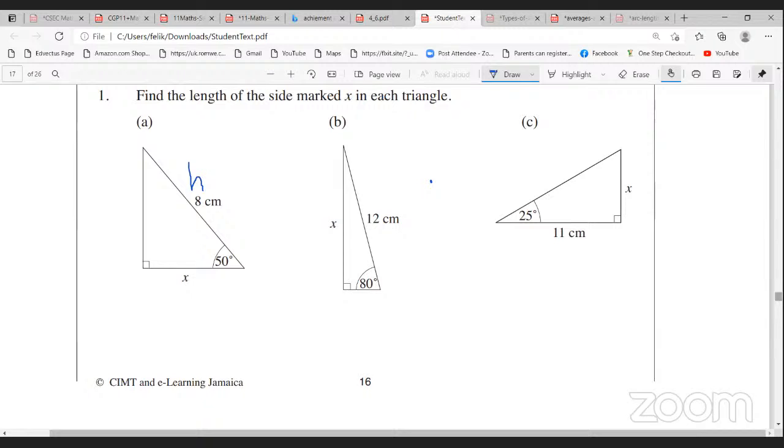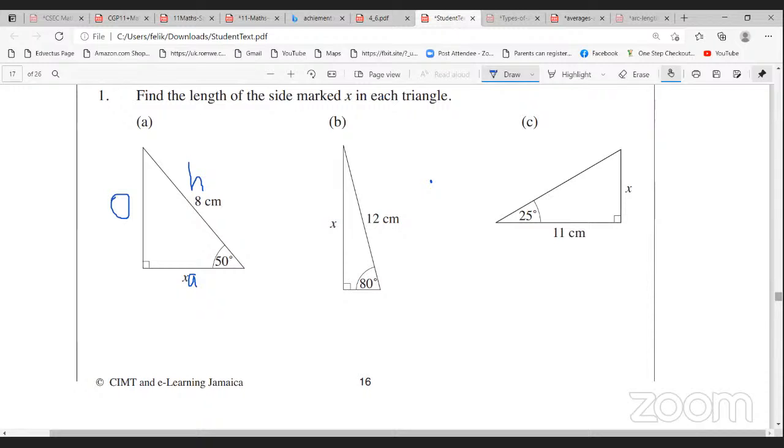Looking at the angle here, the opposite is on this side, and the adjacent is next to it. All right, so you're going to figure out which trig ratio you're going to use now. Which sides are you given?